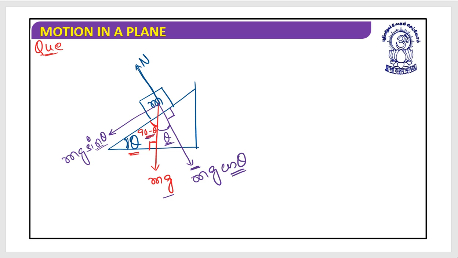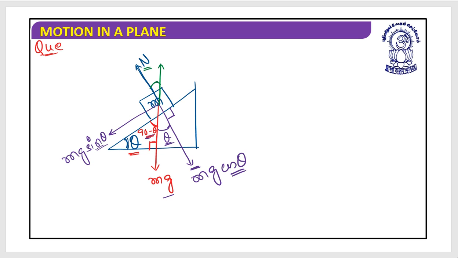Do you understand up till this? Do you understand mg cos theta, mg sin theta both? So let's move to the next task. I need to segregate this normal force into two components, into their cos and sin. So can I make this straight line something like this?